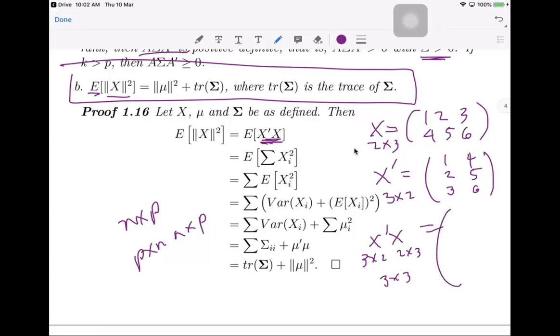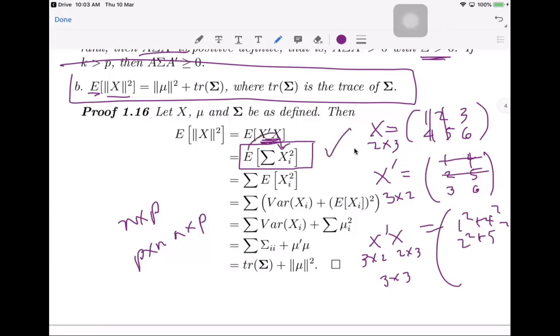Are you with me? So that will be 1 squared plus 4 squared, and then 2 squared plus 5 squared, and so on and so forth. You can do that too. So this is the summation of x i squared.